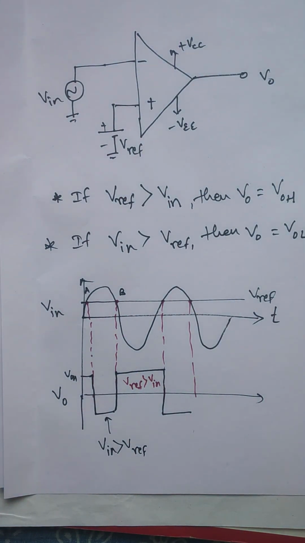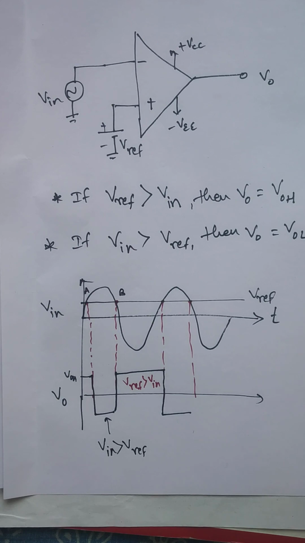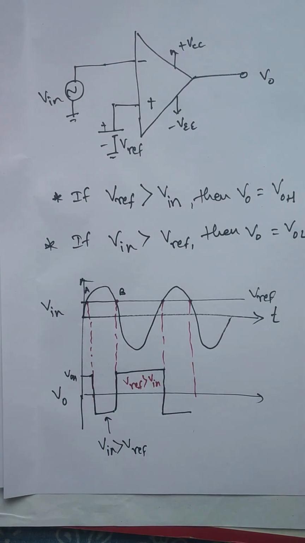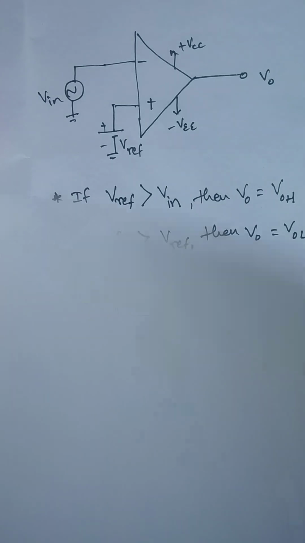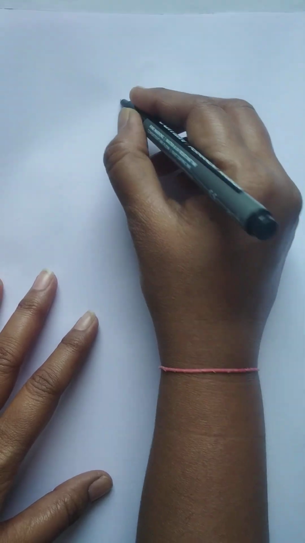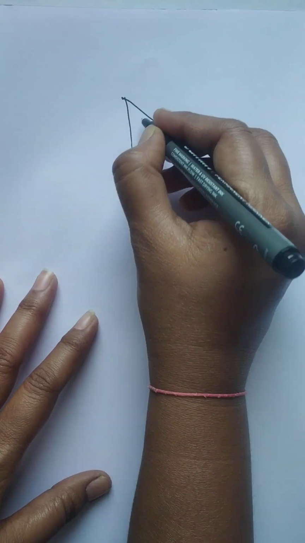Again, another case we can explain in the same diagram. If we make V reference equal to 0, what will happen? If we make V reference equal to 0 in the same diagram, I am having my inverting comparator.